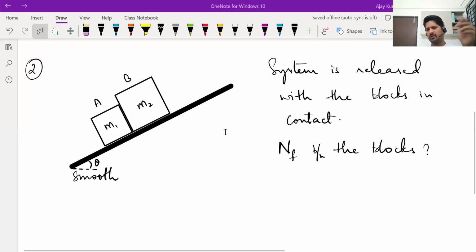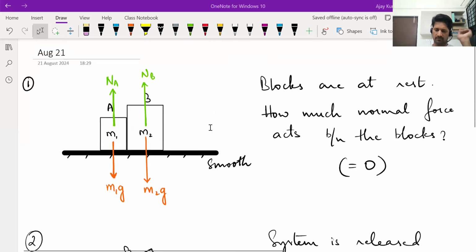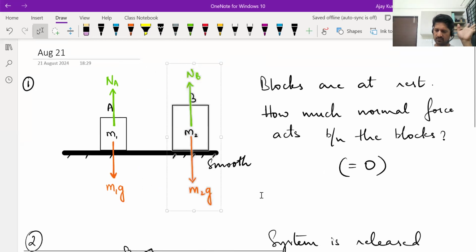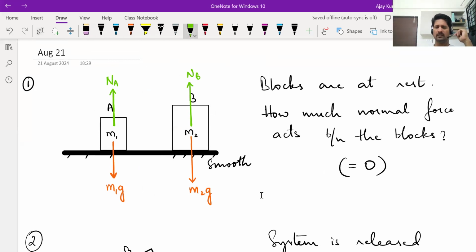Listen, forget about this situation. Consider this itself. Or maybe just consider one block, not two also. Put B aside. Consider just A. We know the ground exerts a normal force on A. Why does the ground exert, or why do A and the ground press or push against each other? What generates that push?